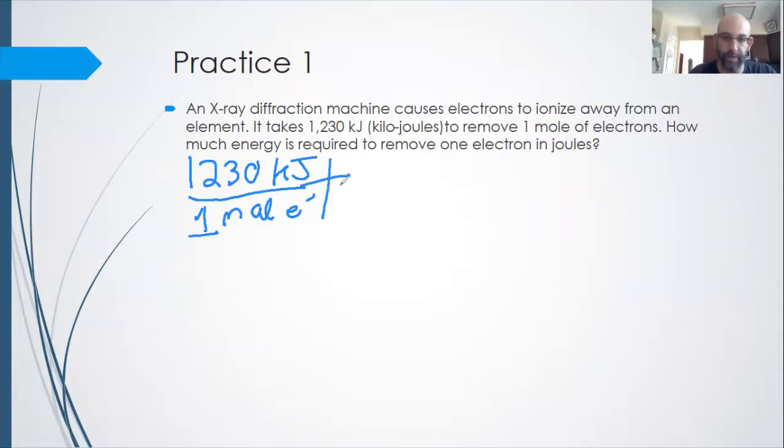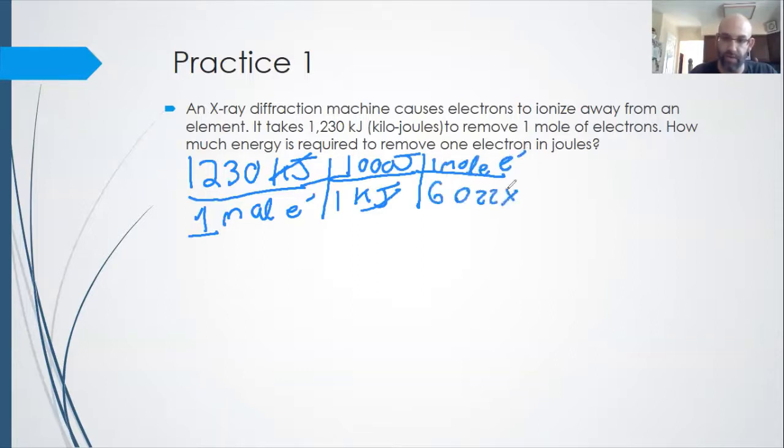So if we want to change the top unit, for every 1 kilojoule, there are 1,000 joules. The kilojoules will cancel out. So we're left with joules. That's good for the top unit. And then on the bottom, we need to go from moles of electrons to 1 electron. Well, for a mole of electrons or a mole of anything, there are 6.022 times 10 to the 23rd items.